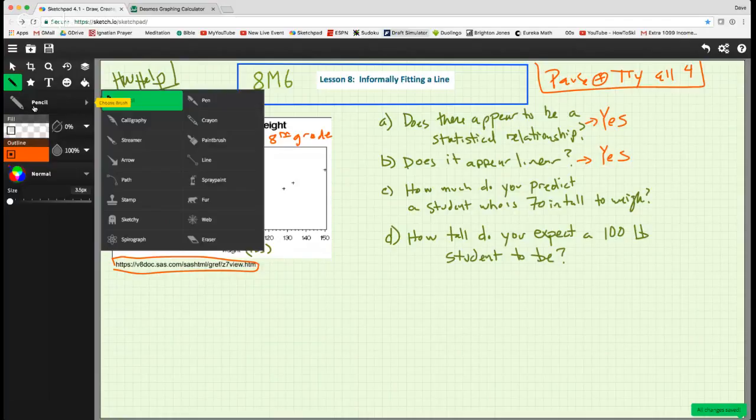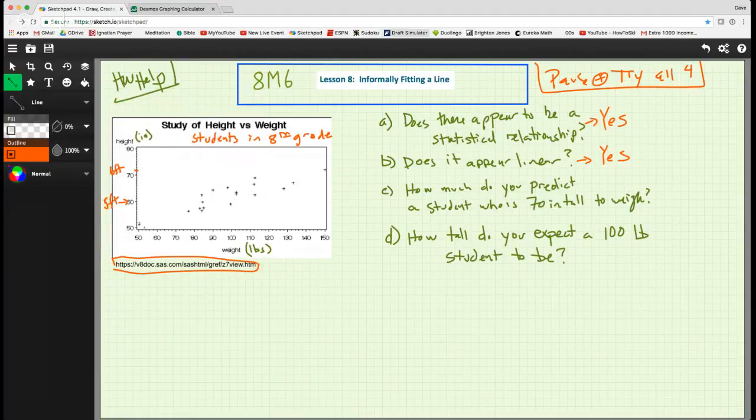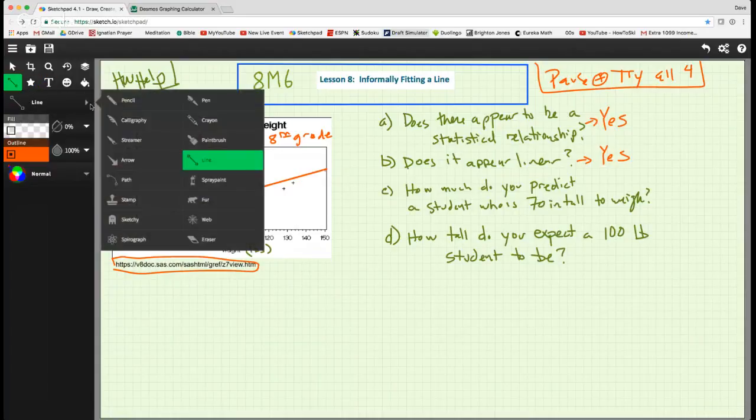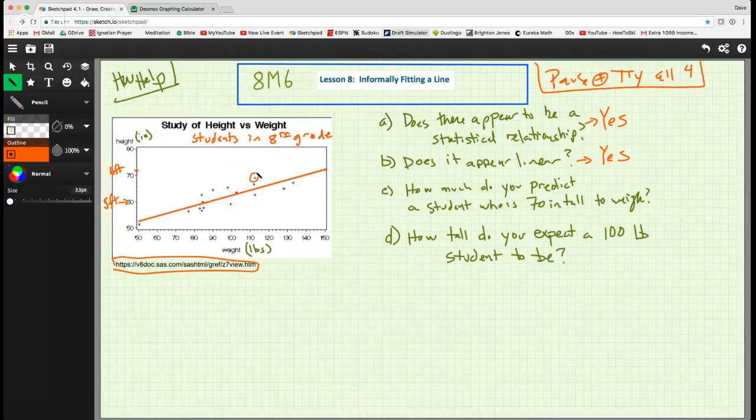So let's make a line. And let's try and put half above and half below. And on is okay. So this looks like a pretty good fit. We have above, we have 1, 2, 3, 4, 5. Below we have 1, 2, 3, 4, 5, 6, 7, 8, 9.